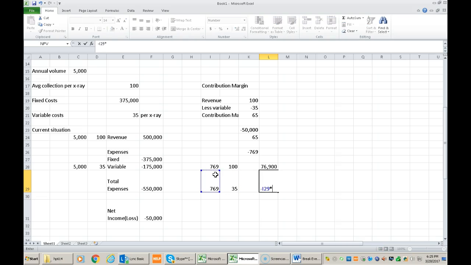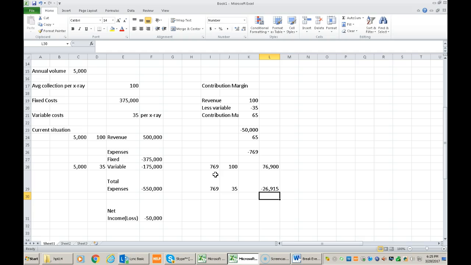Minus that times that, right? And so that leaves us with 49,985. So there's a little bit of rounding because this number here would actually be 769.23. Okay, so here we make $49,000 or $50,000, and that equals our loss. So this is what they would need to make at the current expenses.